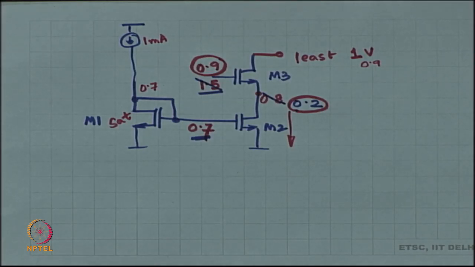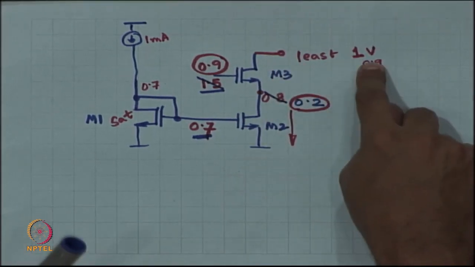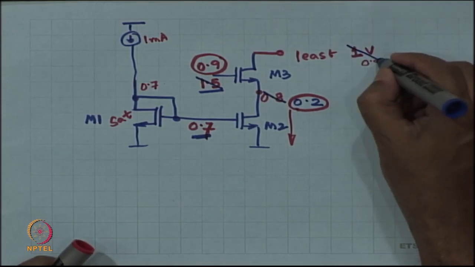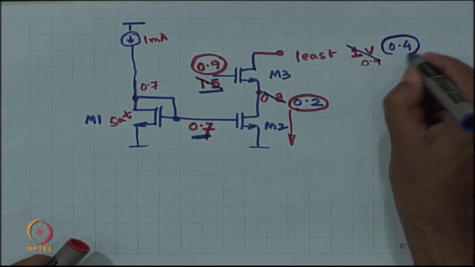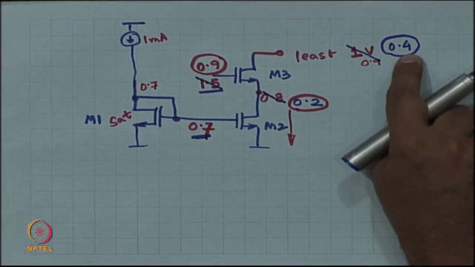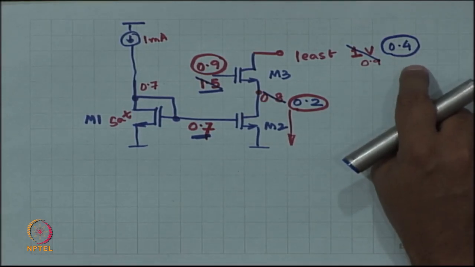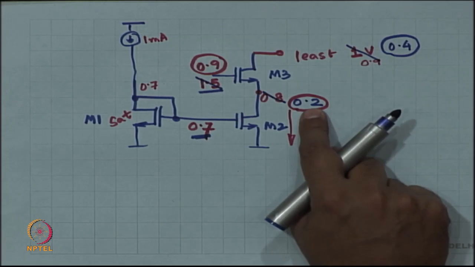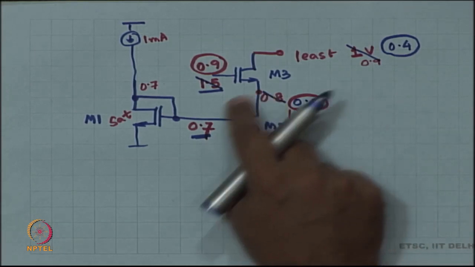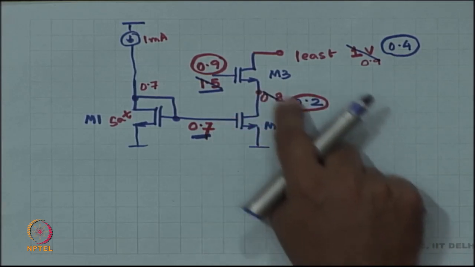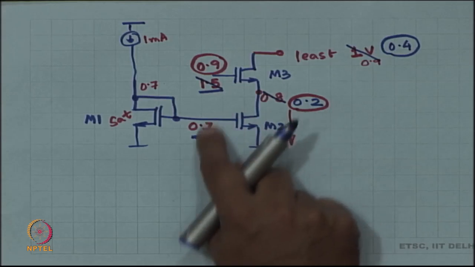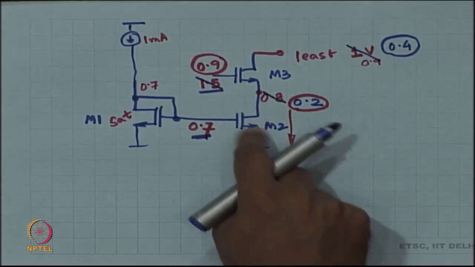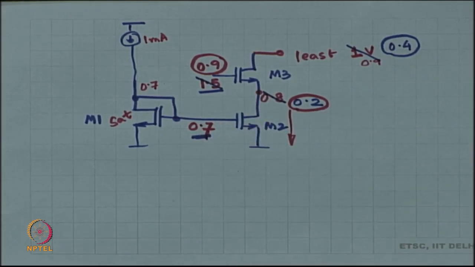Now, what is going to happen? The least is no longer 1 volt, the least is 0.4 volt. Now, when I drop below 0.4 volt, immediately this source is going to drop, but when this source drops, M2 no longer is in saturation, which means that this also drops out from being a current source.